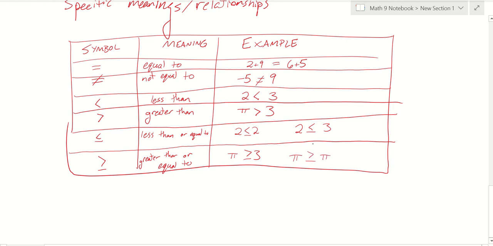Right? These are both technically true statements. Pi, although it's not equal to 3, it's greater than. Right? So that's technically true. I erased way more than I wanted to there. And then here, this next statement, pi is greater than or equal to pi. This is technically true because we have equality. Pi is equal to pi here.